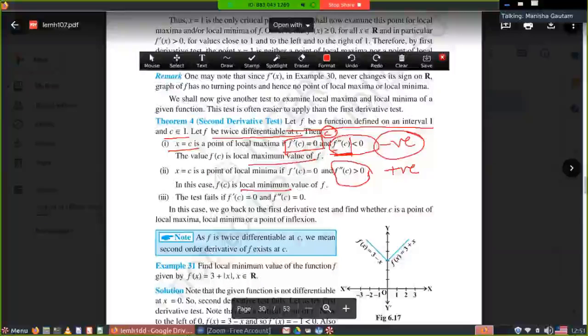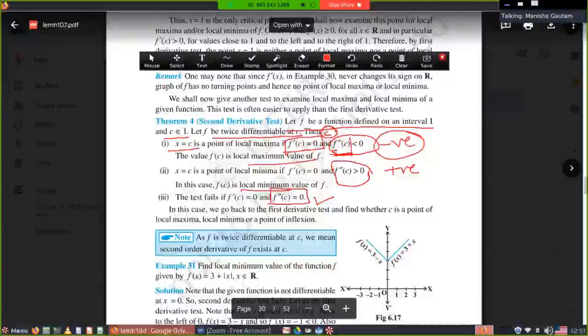If you get the second derivative equal to 0 at the critical point, it means the second derivative method fails. You can't say anything about the point. You have to go back to the first derivative method and check by using the first derivative method. Okay.